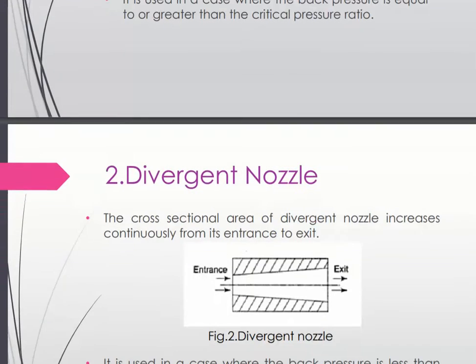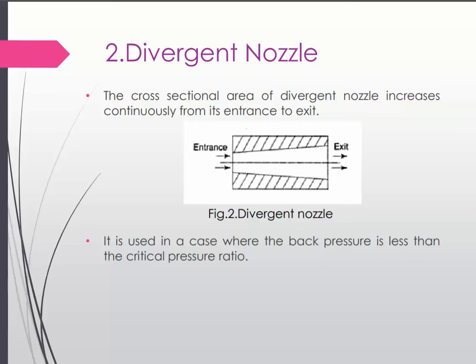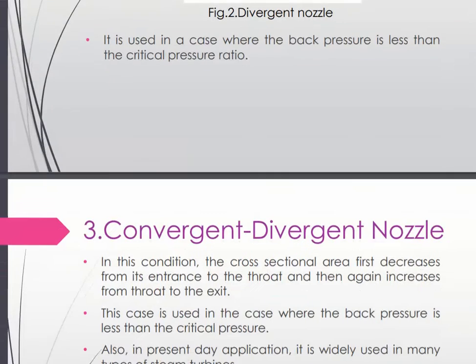The cross-section area of a divergent nozzle increases continuously from its entrance to exit. It is used in a case where the back pressure is less than the critical pressure ratio.